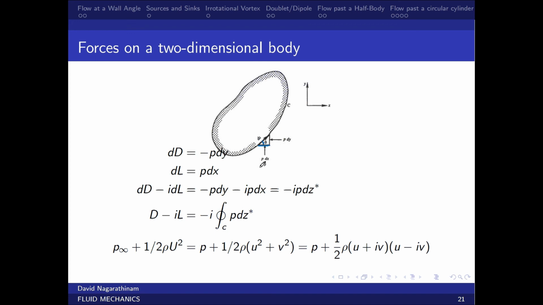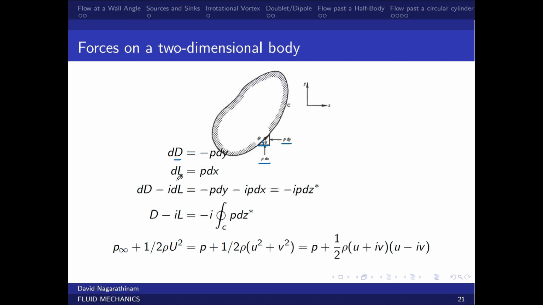The vertical force is going to be P dx, and the horizontal force in such a scenario is P dy, where P is the pressure that is exerted on the element that is inclined at an angle theta with respect to the horizontal.